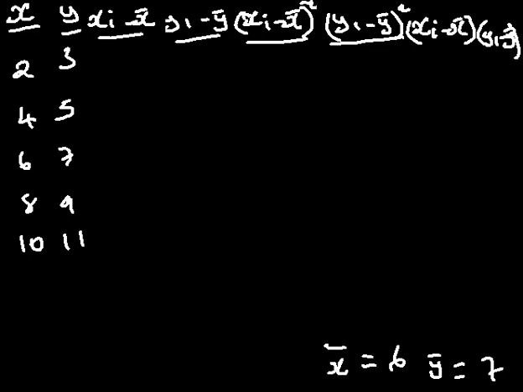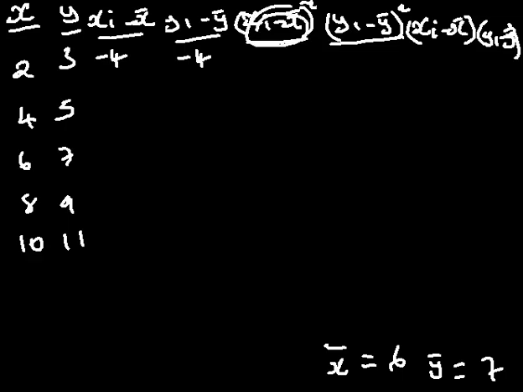Then let's look at how we can operate all those things. In the third column, it means the x value minus the mean. So that is 2 minus 6, we have negative 4. And here we have y minus the mean for y, that is 3 minus 7, that is negative 4.